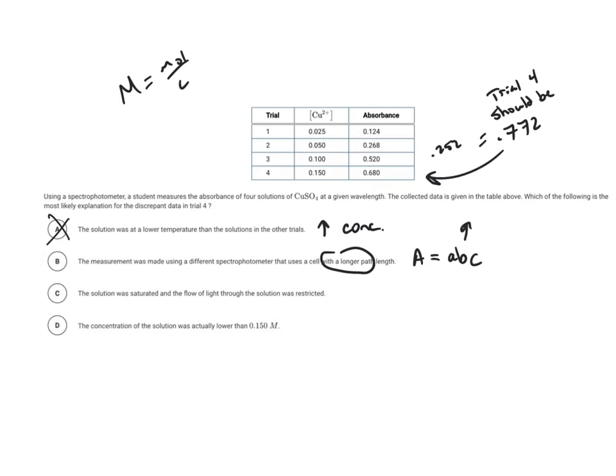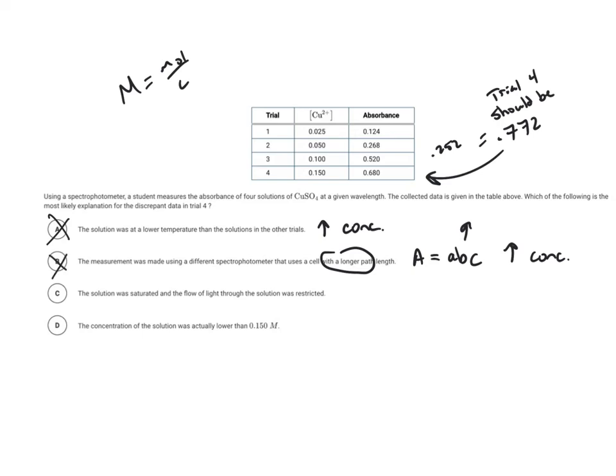And a bigger B would mean that when you multiply it times the concentration, the outcome would be a higher absorbance. And once again, we have a lower absorbance than what it should be. So again, option B, if that were the case, would increase the absorbance, but we see an actual decrease in the absorbance.